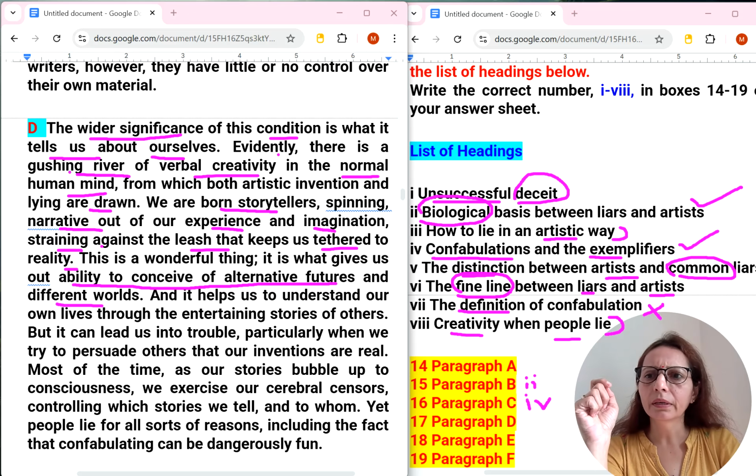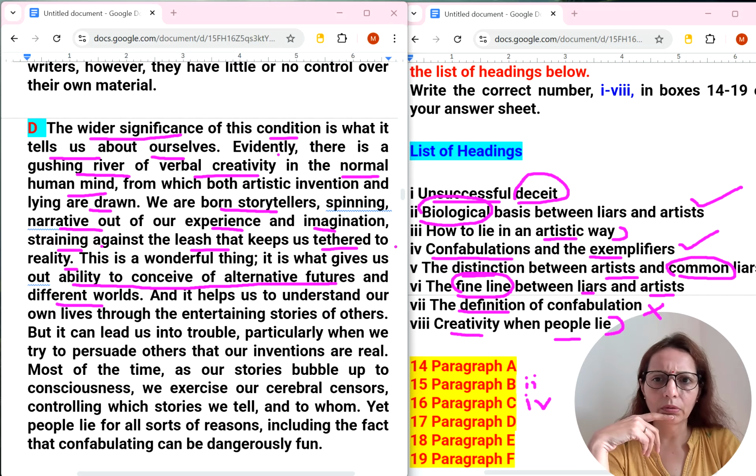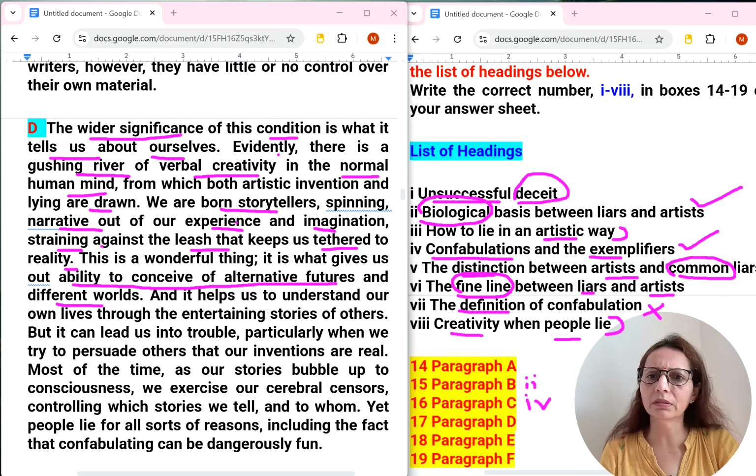Evidently there is a gushing river of verbal creativity. So the creativity word is also here, and how to lie in an artistic way, from which both artistic invention and lying are drawn. Distinction between artist and common liars, so common liars they are not talking about. We are born storytellers. No, no, no.